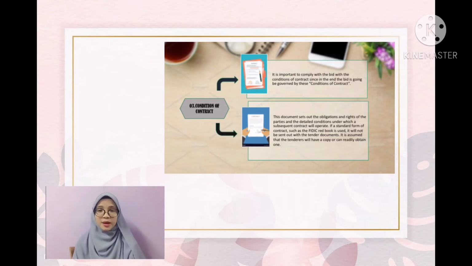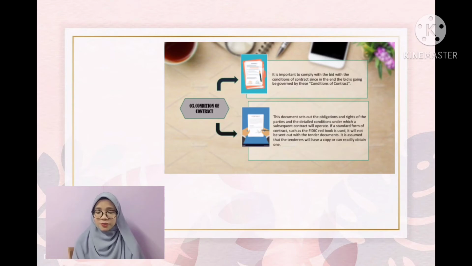Content number 3, conditions of contract. It is important to comply with the conditions of contract in the bid, since in the end the bid is going to be governed by these conditions. This document sets out the obligations and rights of the parties and the detailed conditions under which a subsequent contract will operate.